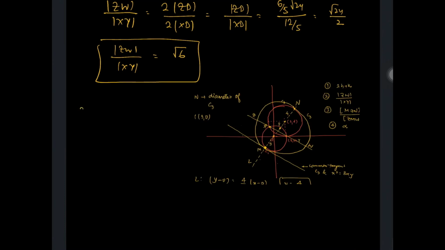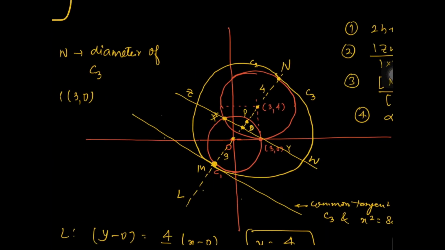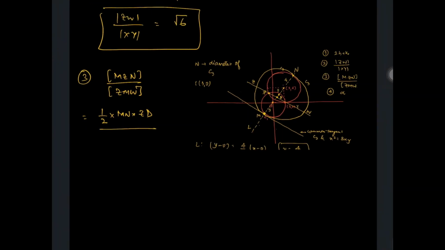Third question is, what is the area of triangle MZN and area of triangle ZMW? So area of triangle MZN can be written as half MN into ZD, if this point is D, and ZMW, it is half MD into ZW.